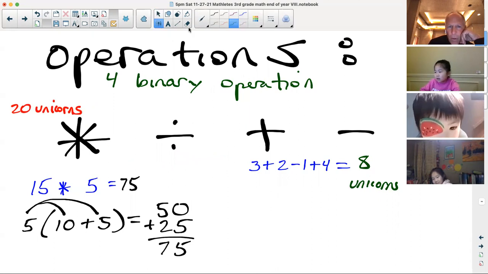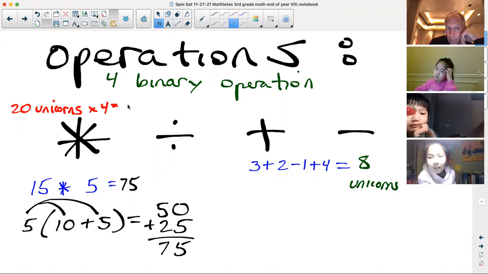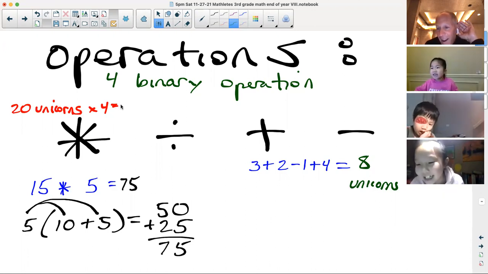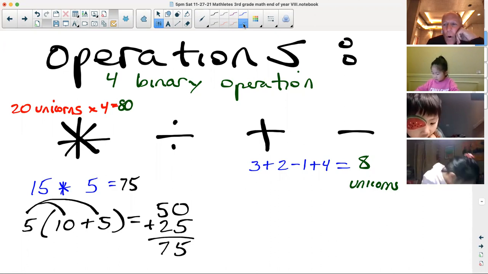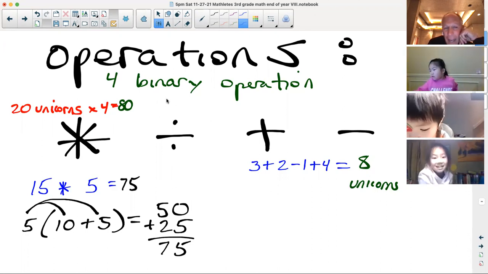So 20 unicorns times 4 legs tells me how many feet I need. On 3, 1, 2, 3. 80. How many? 80. That's right.